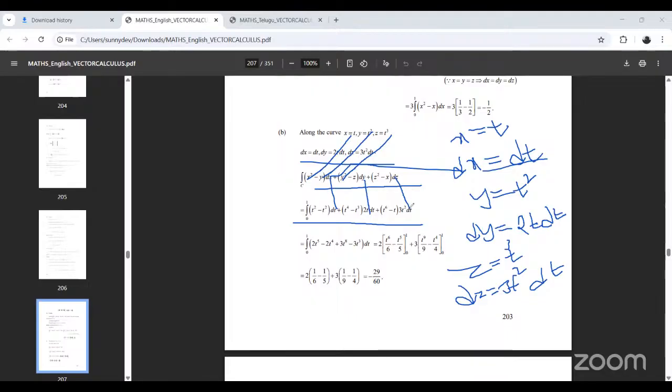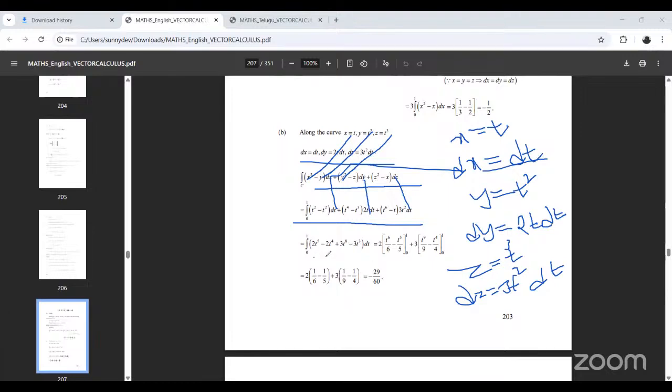Now the total function is changing into t, and we have to substitute the limits of t. So the limits of t are 0 to 1, and we have to substitute that 0 to 1. This is the thing.